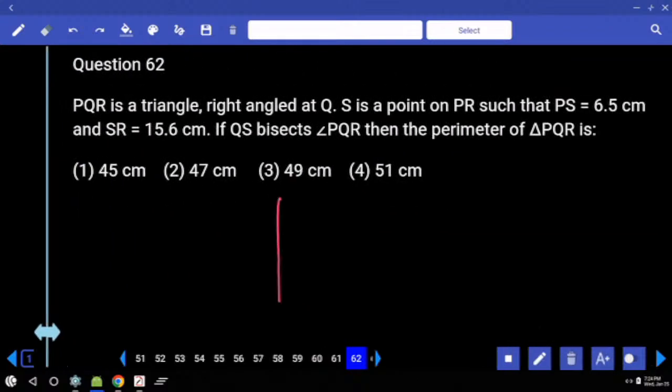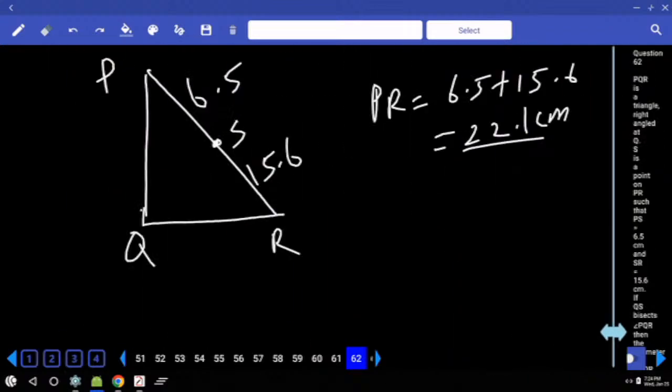Now the next point is, he says QS bisects angle PQR. If I join this QS, it is bisecting angle PQR.